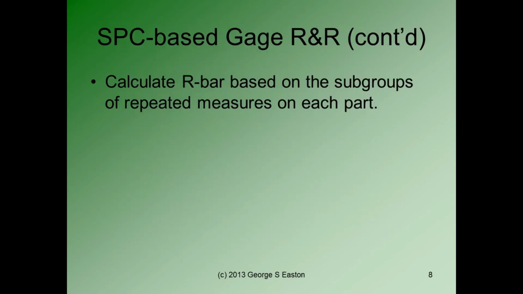So I'm now going to return to the details a little bit. This is how you're going to make this chart. Again, I've taken each of my parts and I've measured each part repeatedly, and this forms a subgroup. And then for each of those subgroups, I'm going to calculate the range, and then I'm going to average the ranges for each of these subgroups to get R bar.